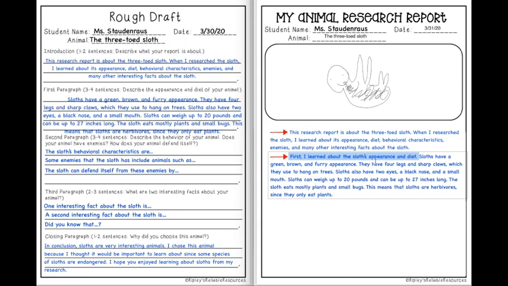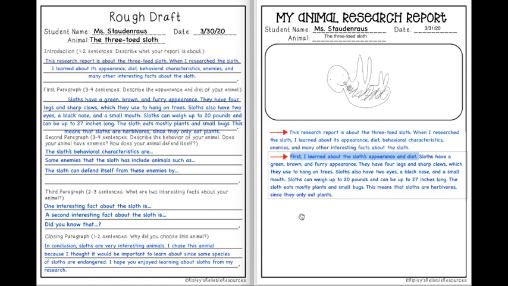I learned about the sloth's appearance and diet. And then I go on to tell you all about the appearance and the diet. And this is pretty similar to, if not the exact same as, what my paragraph over here is, right? So the only thing I really added there was a transition word and a topic sentence is what we call this.